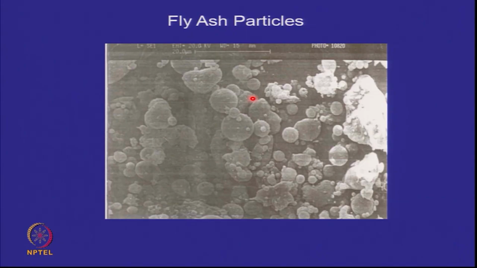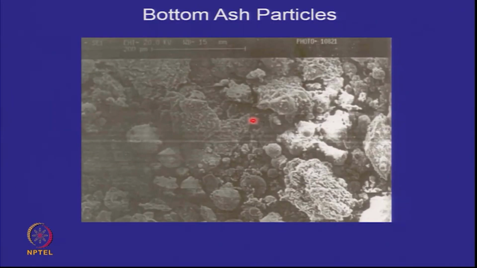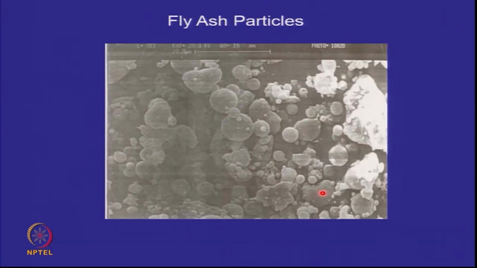You'll come across the word cenospheres, and spherical particles, but in a sense, these are amorphous particles. And going back again, you see very few of them in bottom ash. Bottom ash is all clinker, conglomerated material fused together.